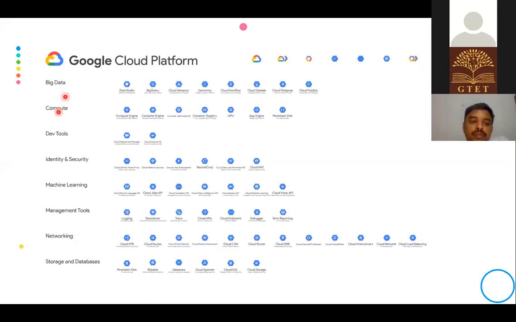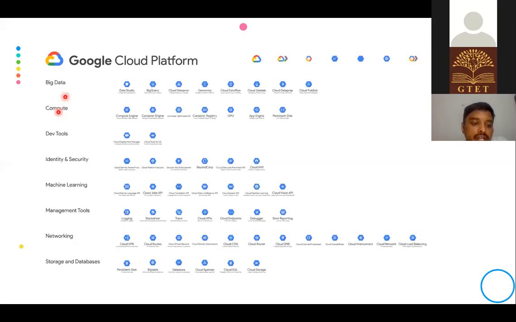Development tools are available. Identity and security management is available. Machine learning is basically for your pattern recognition, and data analysis is available. Management tools, basically how you set up the hierarchy of access rights. You don't want everybody accessing every system on your platform, so you need management tools to have control over who's accessing what.